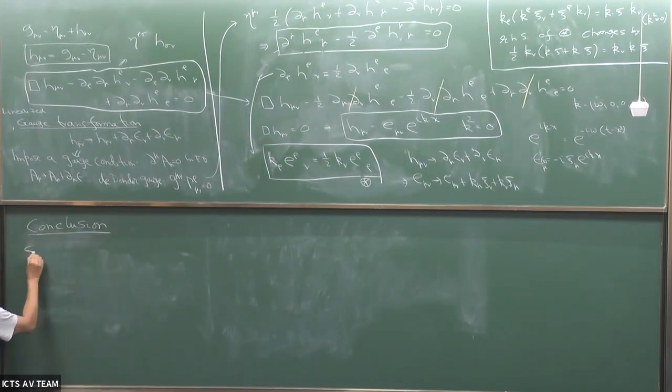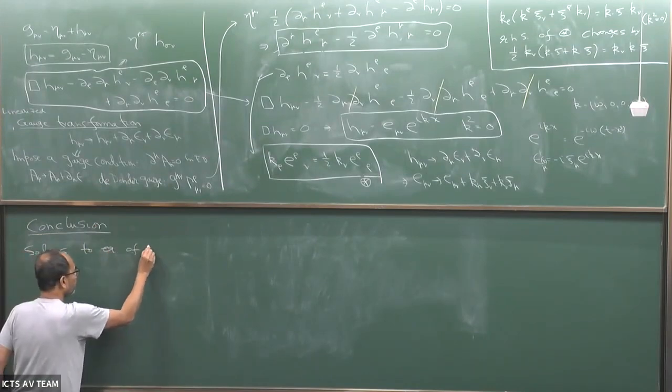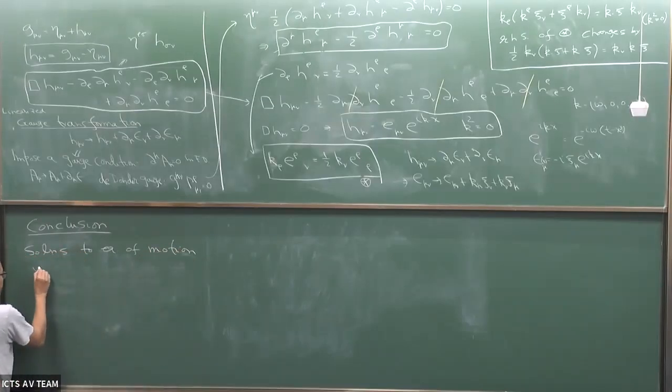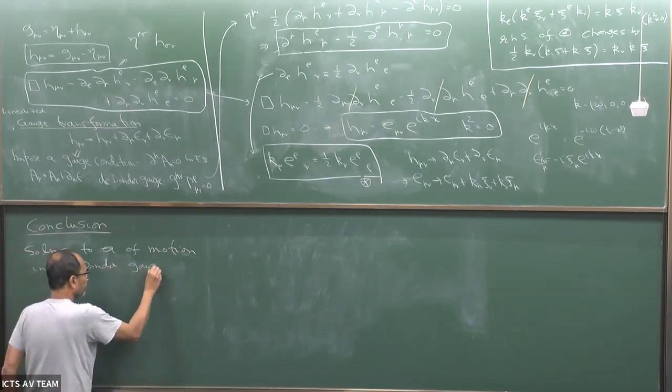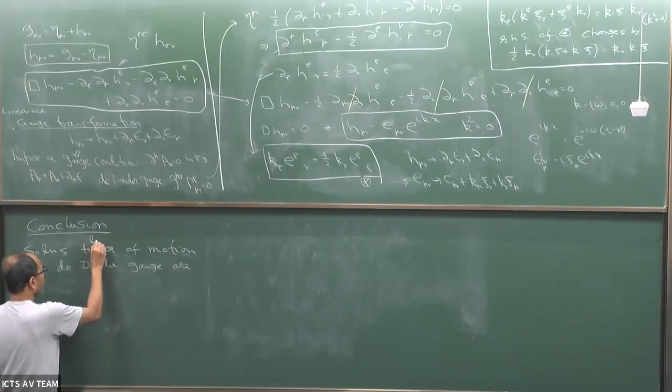First is the solutions to the linearized equation of motion in de Donder gauge.